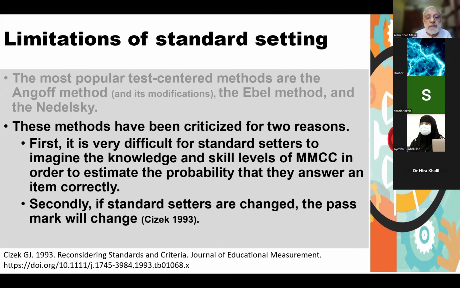First, it is very difficult for standard setters to imagine the knowledge and skill level of a minimally competent candidate in order to estimate the probability that they answer an item incorrectly. Obviously, this needs a little practice and discussion among the subject matter experts. And secondly, if standard setters are changed, the pass marks may also change, because this is subjective in nature.